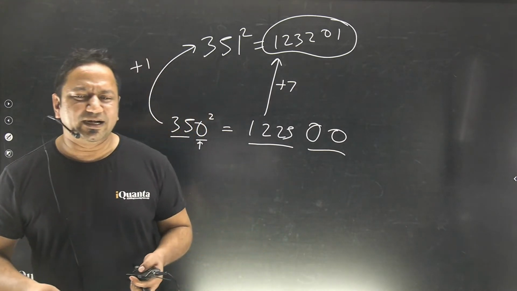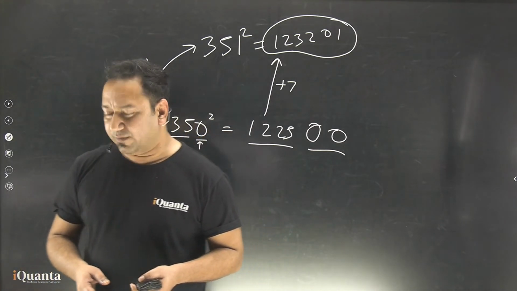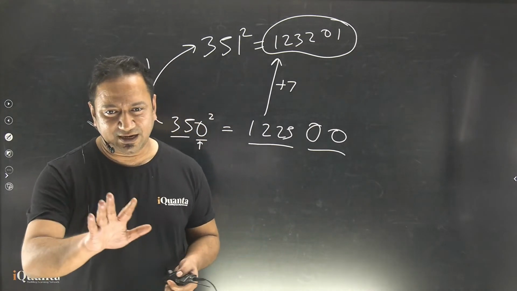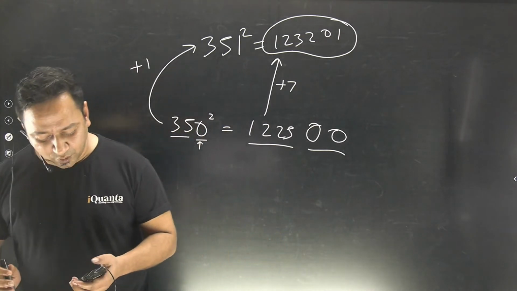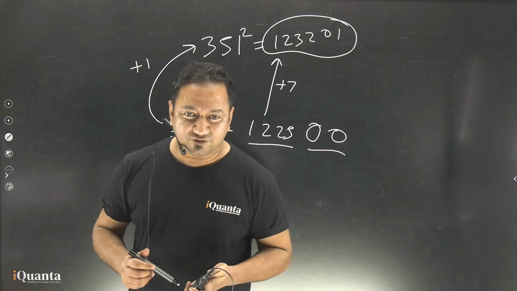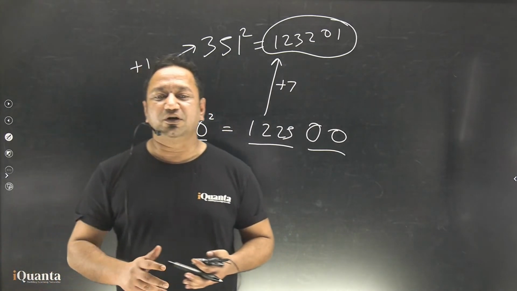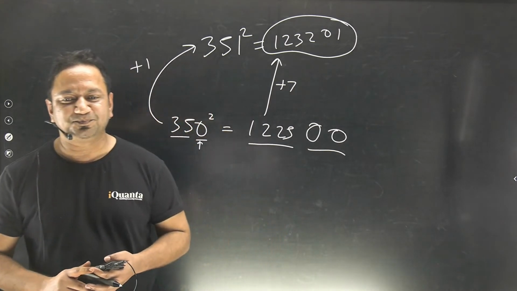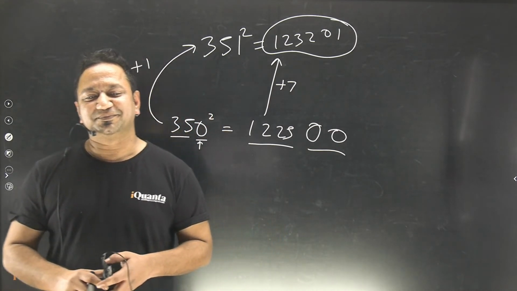And that is what I did when I was in school. And you know what, I was faster than the calculator at that time. I'm not boasting, I'm just stating a fact, and that is something which I want all my students to do, and promise me that you will do it. All right?